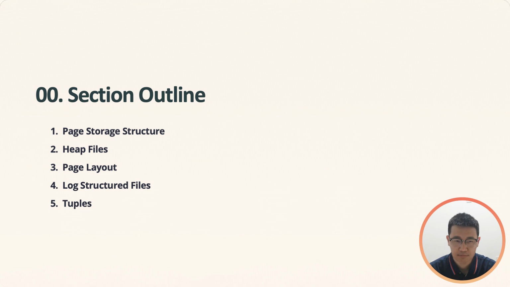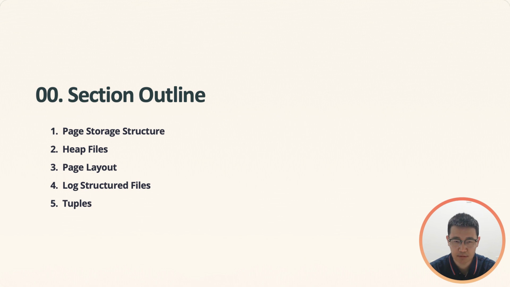The outline of this section mainly includes 5 parts. First of all, the page-based storage structure, that is, how pages are stored on the database disk, and then heap files and the ways of organizing them, including the page layout.